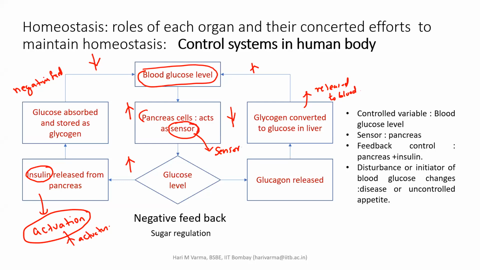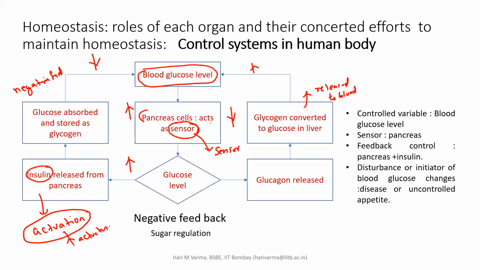If you want to design it yourself, what will be your first step? Any idea? Measure the temperature, right? You have to basically measure the temperature. So you need some sensors, a temperature sensor.